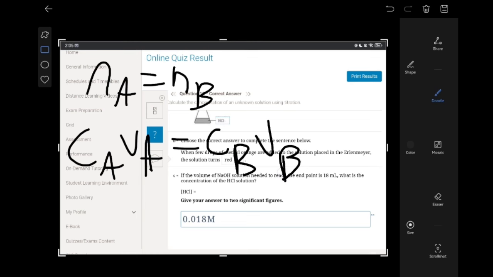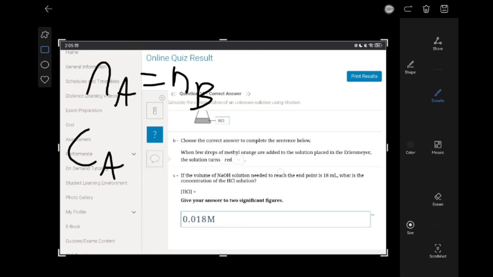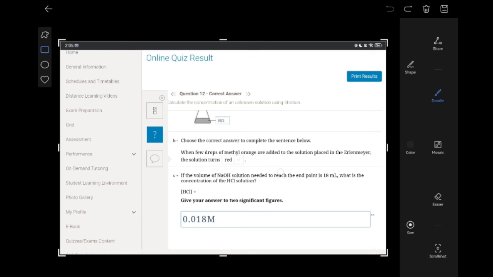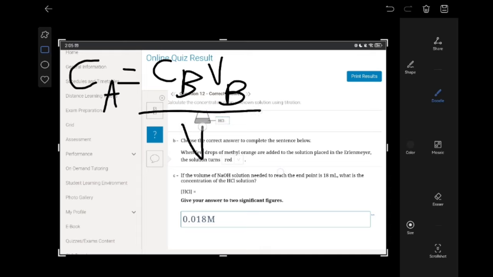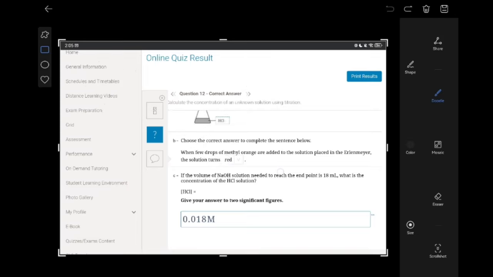You're trying to find the concentration of the acid. You have everything else you need except for that. So Ca is equal to Cb Vb over Va. Now just substitute everything. Ca equals unknown.